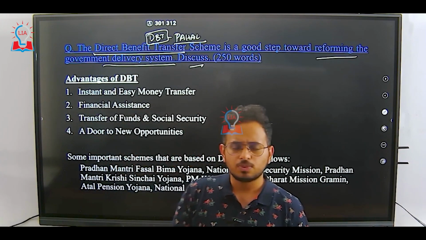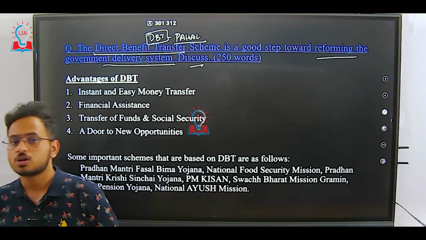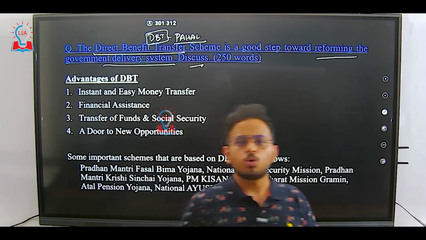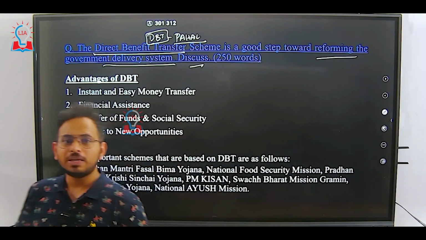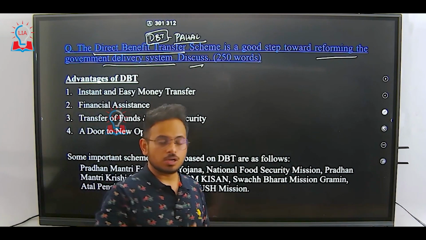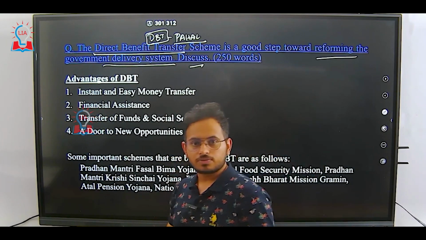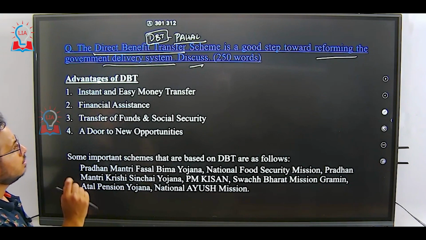When citizens are encouraged to open a bank account, and all the benefits that the government wants to give these citizens are sent through this bank account, eliminating all intermediaries and the chance of corruption, it is called direct benefit transfer, also called the PAHAL scheme.